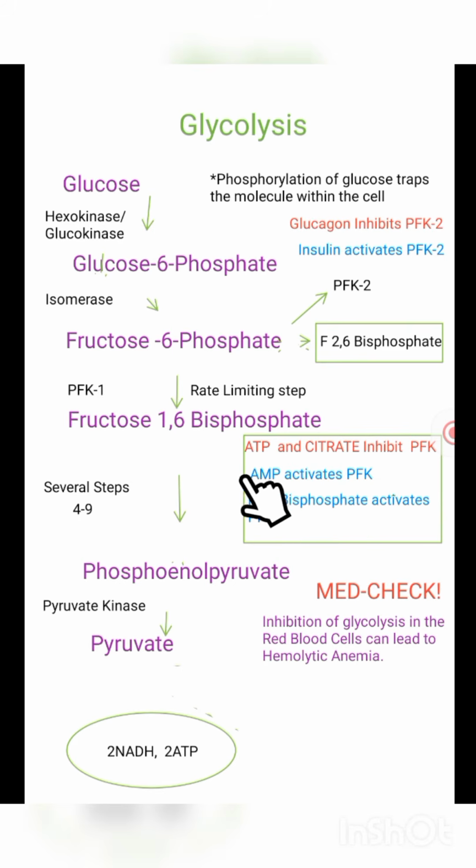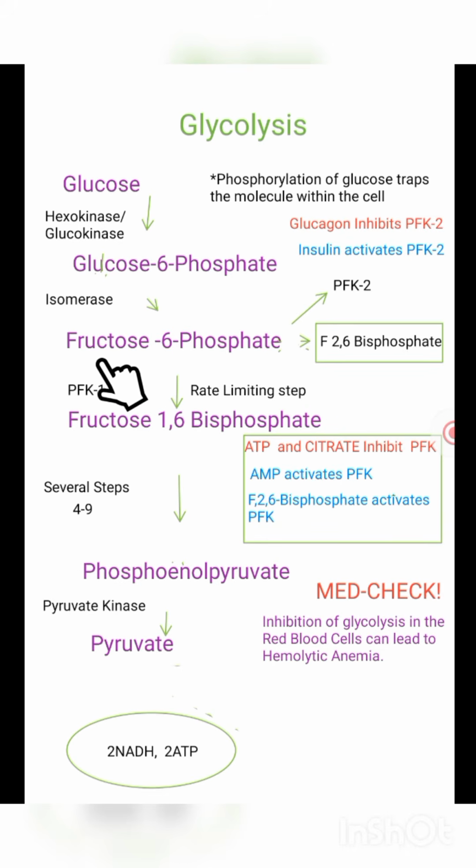AMP signifies that probably we do not have enough ATP. So if you have high levels of AMP, you are likely to activate PFK1 so that you produce ATP. This equally makes sense. And also, fructose 2,6-bisphosphate activates PFK1, like we just said.